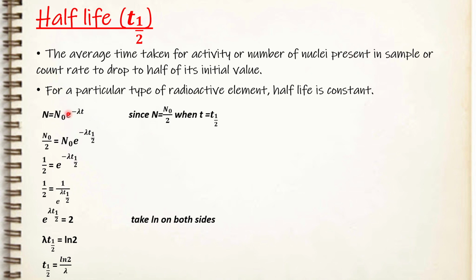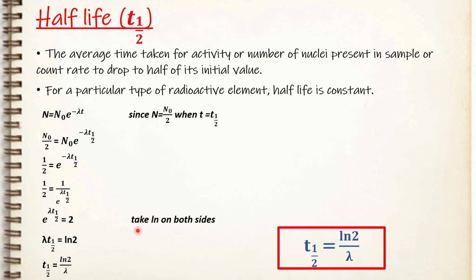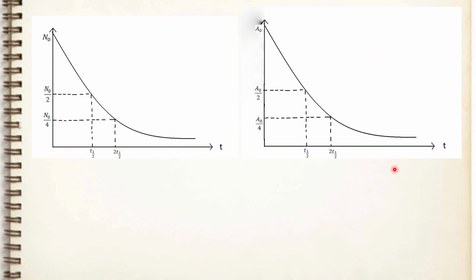When t is T half, N will be half of the initial. So when we substitute, the N naughts cancel, and when we simplify, we get this. We take ln on both sides and make T half the subject, and we derive this equation.